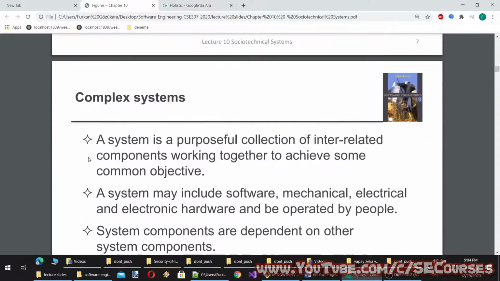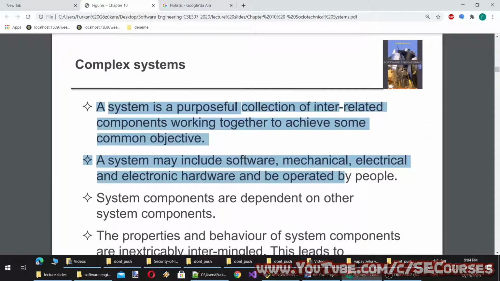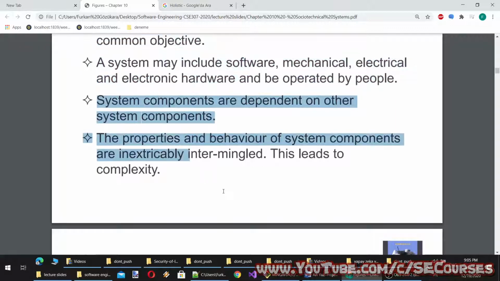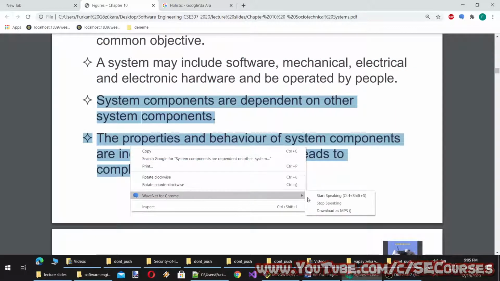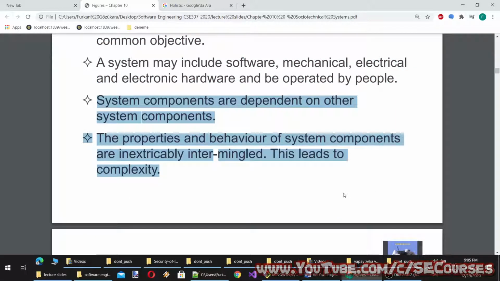Okay. So complex systems. A system is a purposeful collection of interrelated components working together to achieve some common objective. A system may include software, mechanical, electrical and electronic hardware and be operated by people. System components are dependent on other system components.